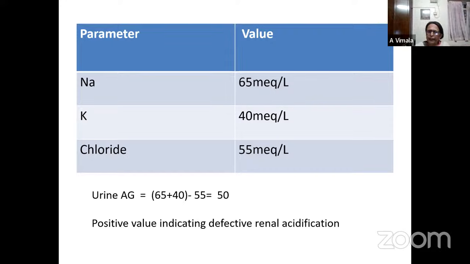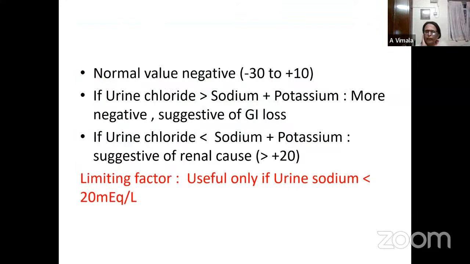So here is a child who presented with hypokalemia, quadriparesis, metabolic acidosis, normal anion gap metabolic acidosis with a positive urine anion gap, suggesting a defective renal acidification. So normal value we said is -30 to +10.